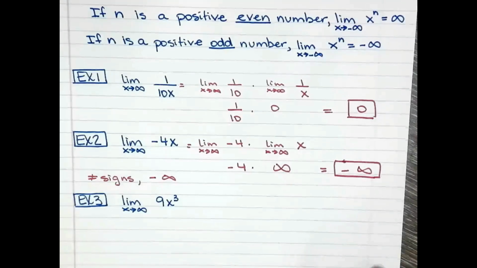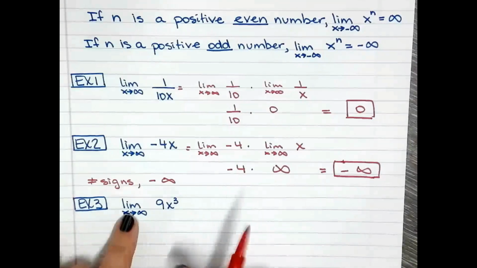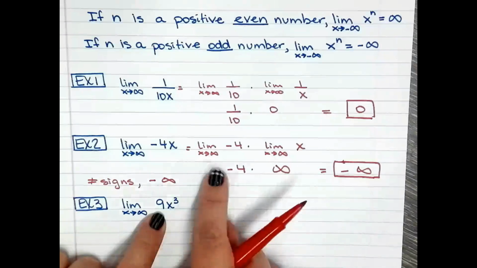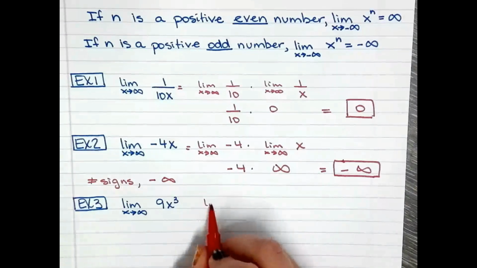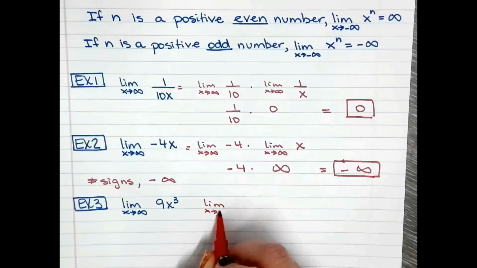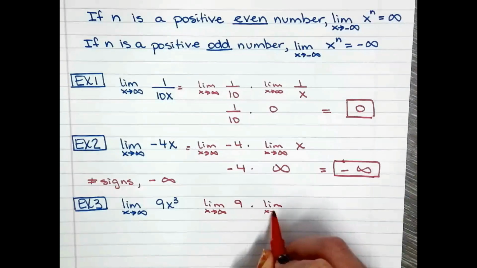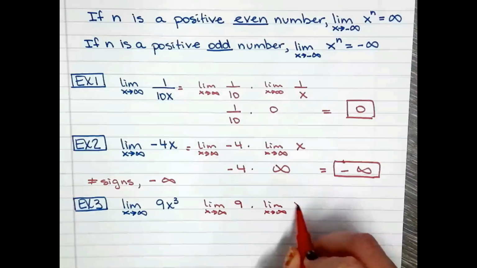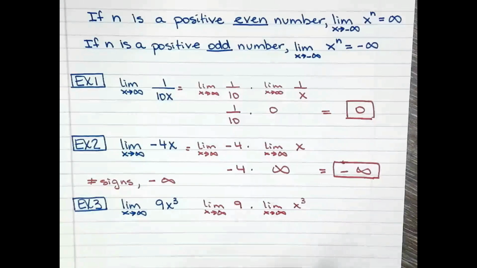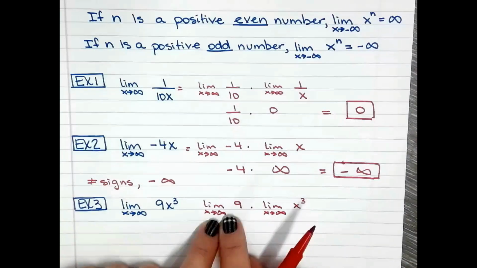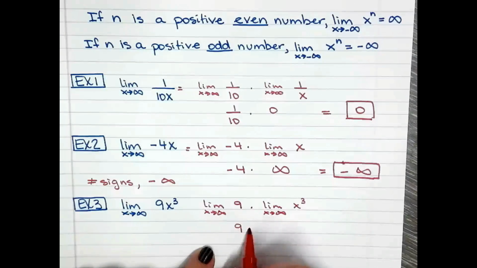Another one we have, I will again split that up into 2. The limit as x approaches infinity of 9 times the limit as x approaches infinity of x cubed. This one is easy. The limit of a constant is the constant.